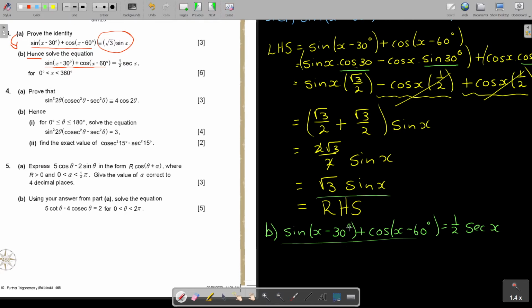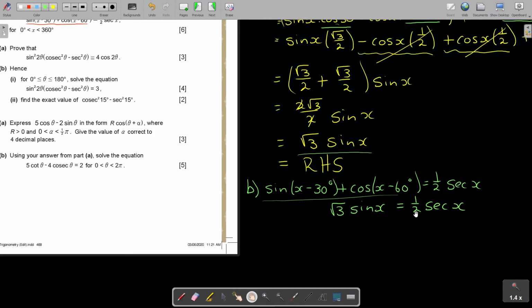So from the top, I can say square root 3 sin x is equal to a half sec x. Are you having that? And now basically I can solve that. And remember, it's between 0 and 360.